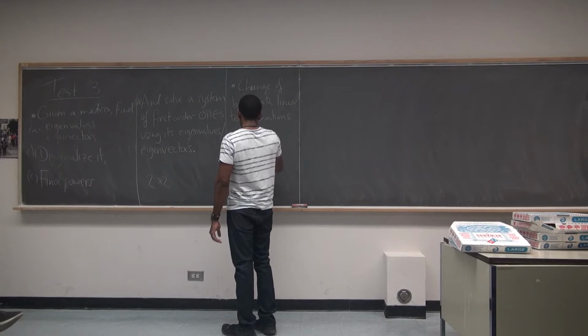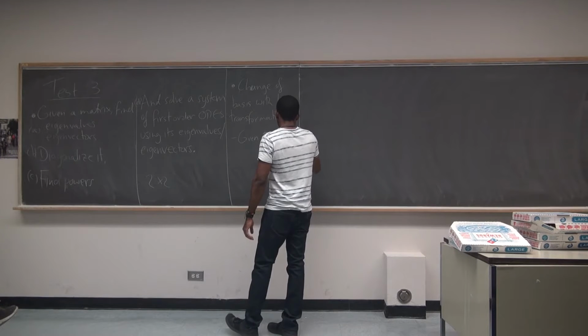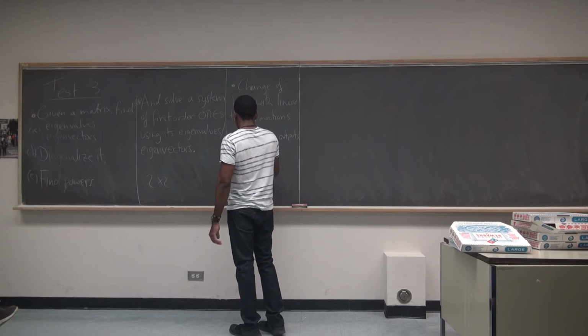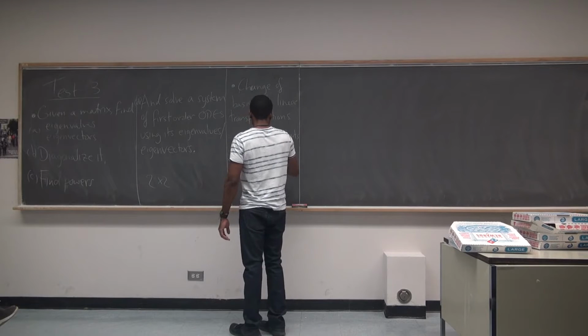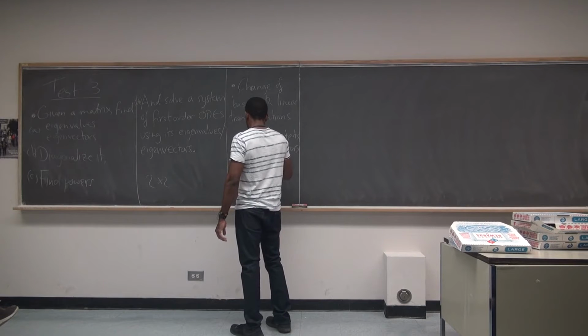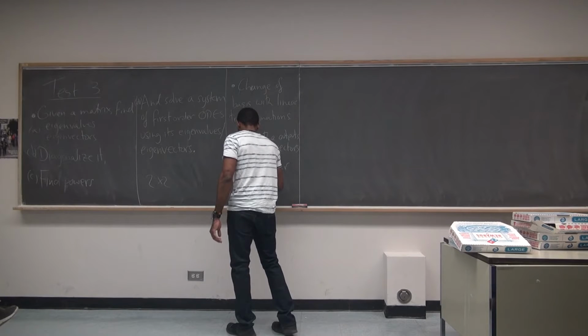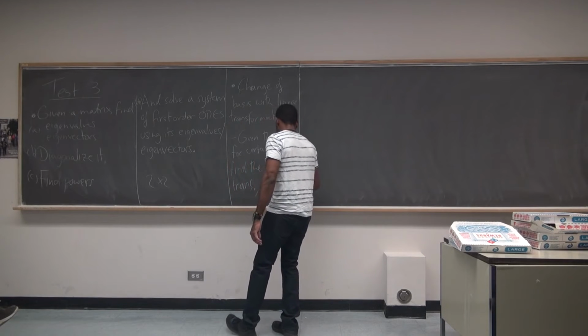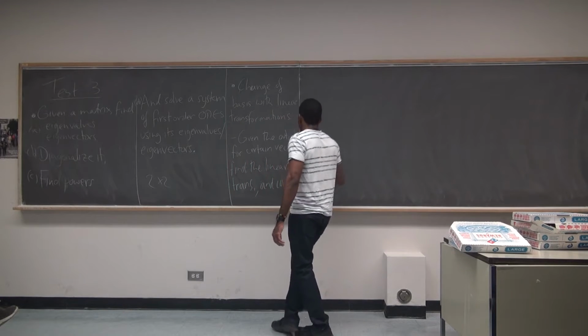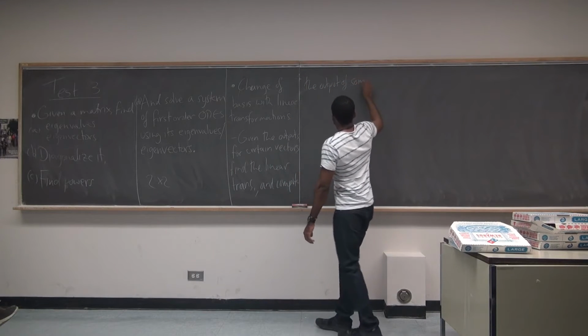Basically, if you're given the outputs for certain vectors, find the linear transformation, and compute the output of some other vector.